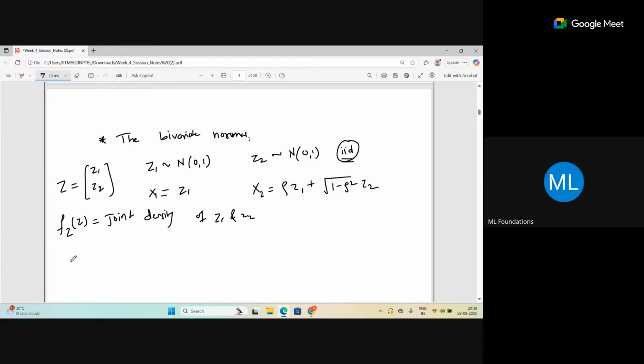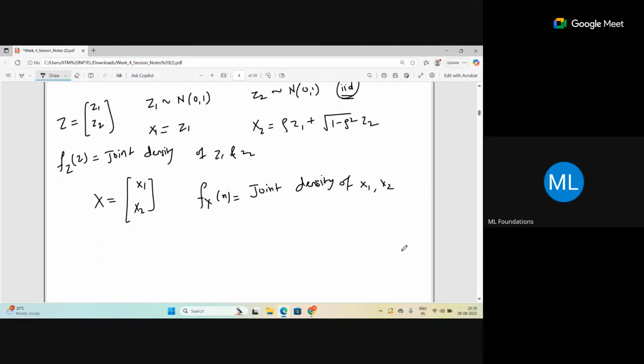Let's say capital X is a vector with two random variables inside it, X1 and X2. When I talk about fX of x, it will be the joint density of X1 and X2. Just keep that in mind.